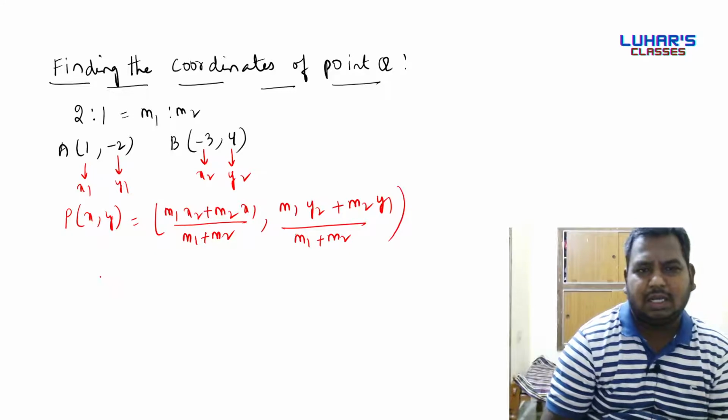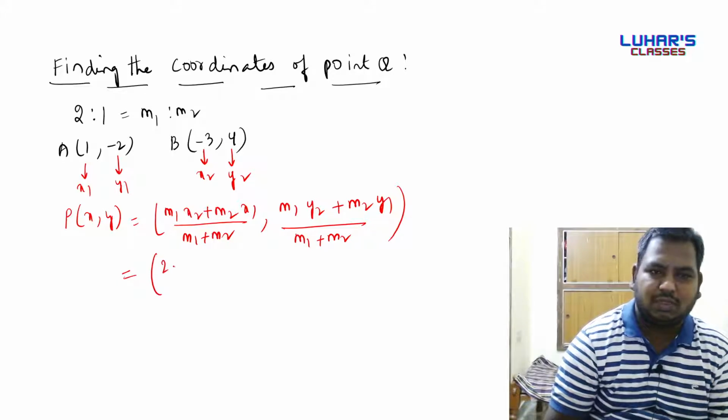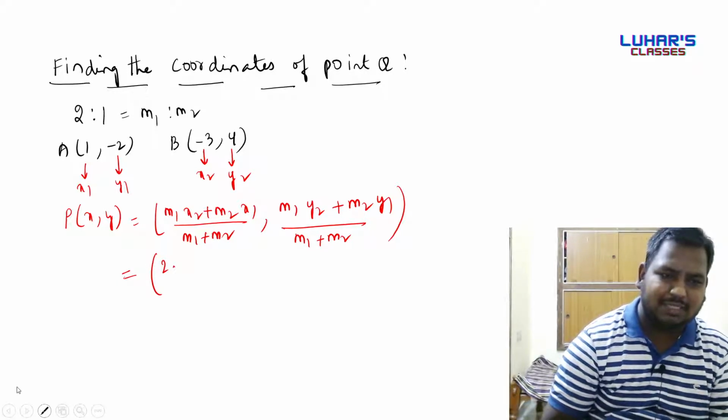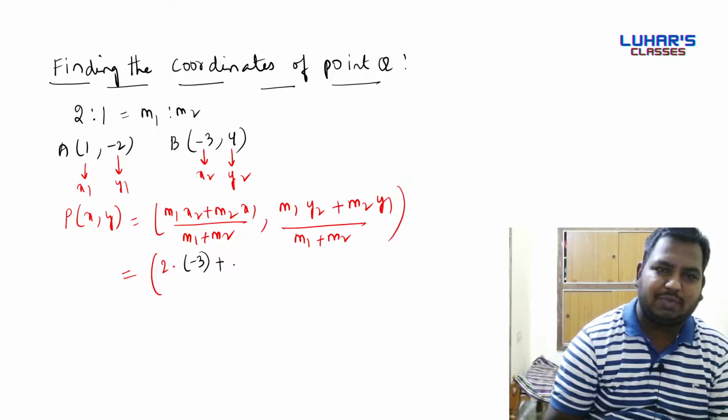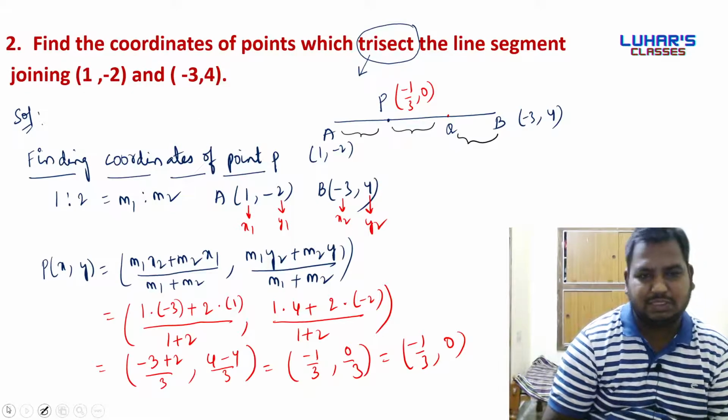Okay, now let us substitute the values. m1 is 2, x2 is -3, m2 is 1, x1 is 1. By m1 plus m2 we'll have 2 plus 1. Any mistake we have done here? No mistake. Done.